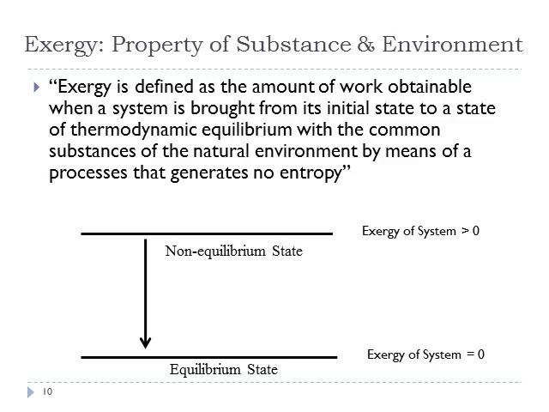So it's the maximum amount of work that you can get from bringing a system from some non-equilibrium state to some equilibrium state, if you could do it perfectly reversibly. That's what the definition of exergy is. So it's a property of a substance and its environment, and it tells you how much work could be generated if we lived in a world with no irreversibility.